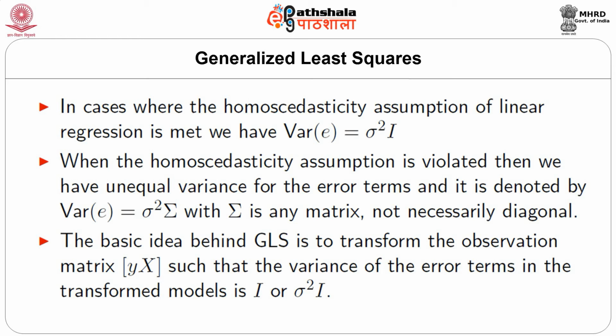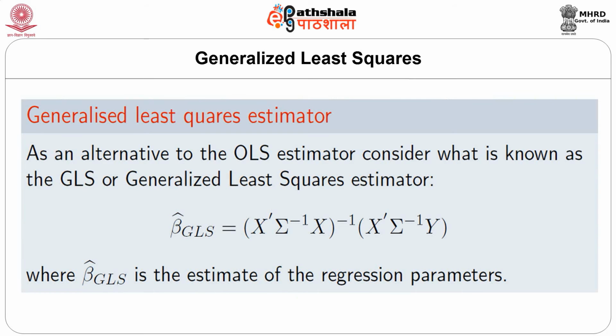The basic idea behind GLS, or generalized least squares, is to transform our observation matrix, which is the response vector y and the explanatory variables x1, x2, up to xp, such that the variance of the error terms in the transformed model is sigma square I. So, generalized least squares can be defined as an alternative to the ordinary least squares estimator, and its form is given by beta hat subscript GLS, where GLS stands for generalized least squares, equals (X prime Sigma inverse X) whole inverse times X prime Sigma inverse y.